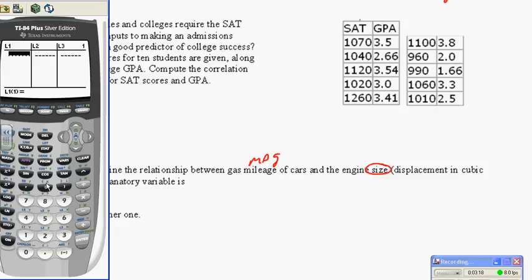And I'm going to put in SAT first. So 1070, 1040, 1120, 1020, 1260, 960.